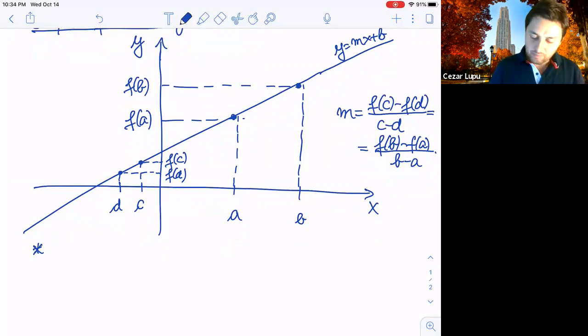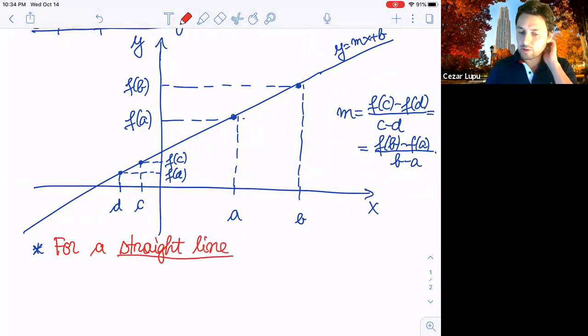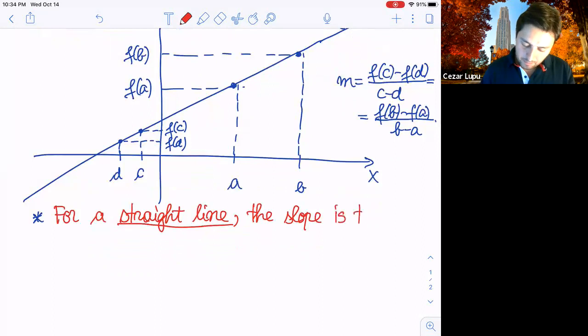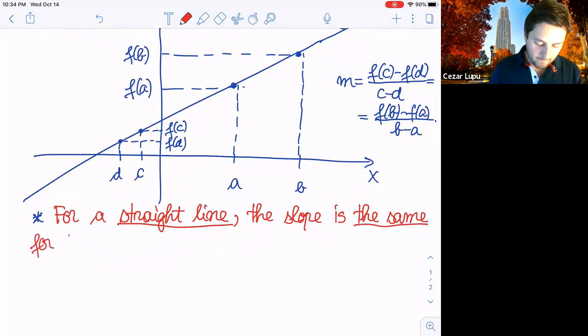So let me point out this remark, because this is important: for a straight line, the slope is the same for the entire time.